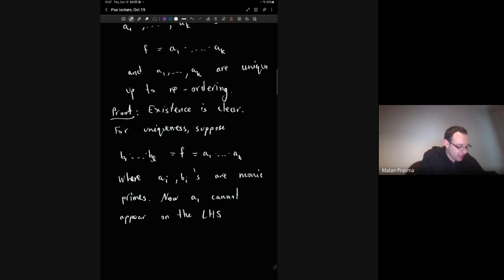I suppose that I have a polynomial with two different factorizations, that f is of minimal degree such that you have two different factorizations.